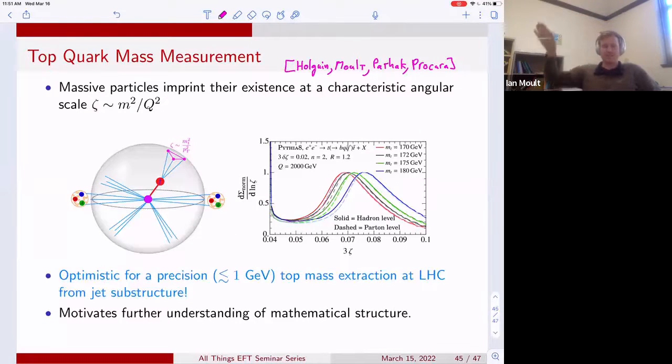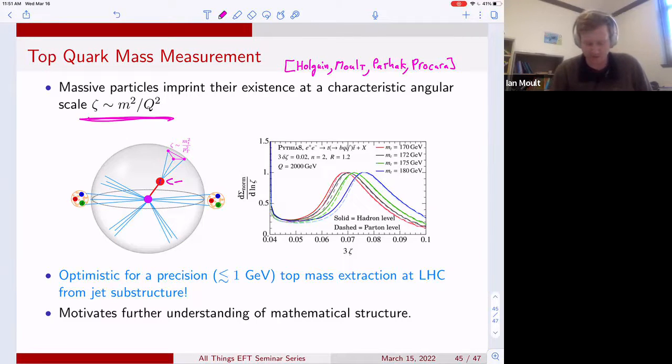Unlike these beautiful power laws which I showed before, where there's no intrinsic scale, once you have an actual intrinsic scale, these massive particles, even if they exist for however short a time the top quark exists, will imprint their short-lived existence into a particular characteristic scale appearing in your detector.